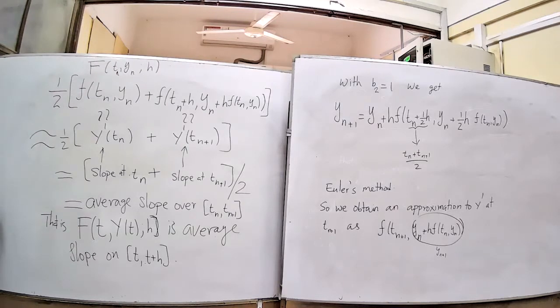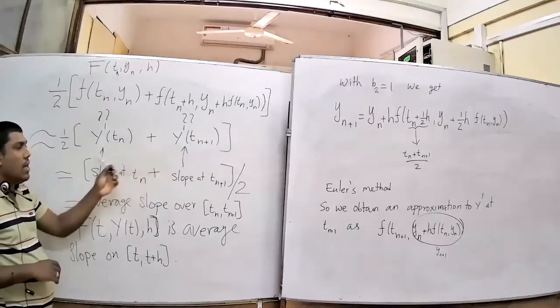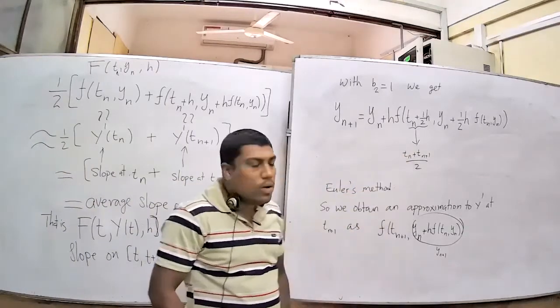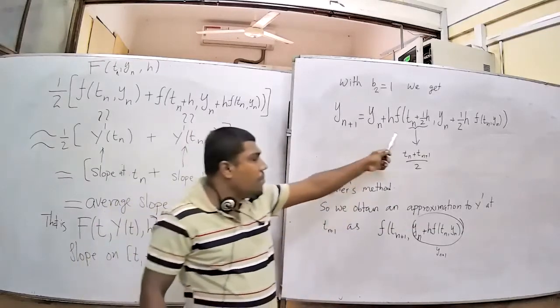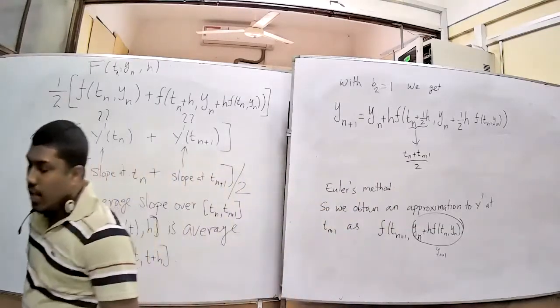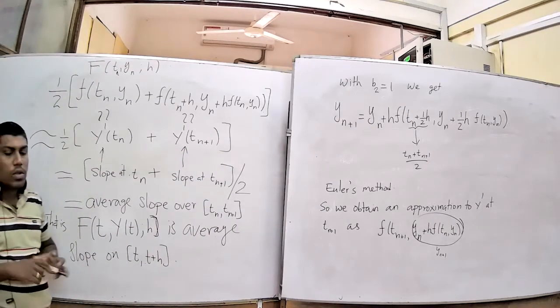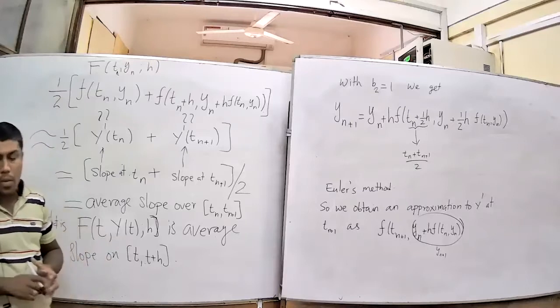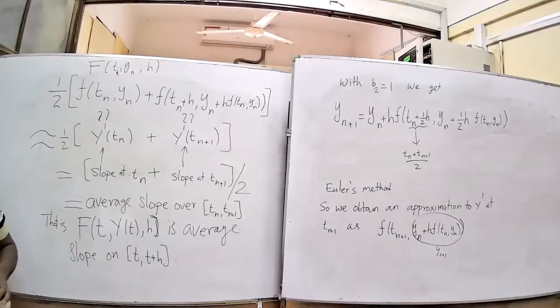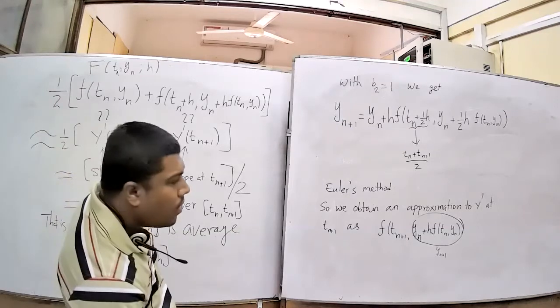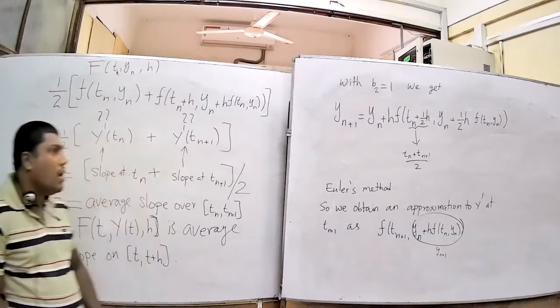So eventually it is a slope, and it has some concept of average of slopes. In the earlier case it is the proper average, but here it is not. So that is a different way of average, and if you put 3/4, you can see it forms another form of average. That is how the Runge-Kutta method is developed. Basically, it is all about averaging the slopes.